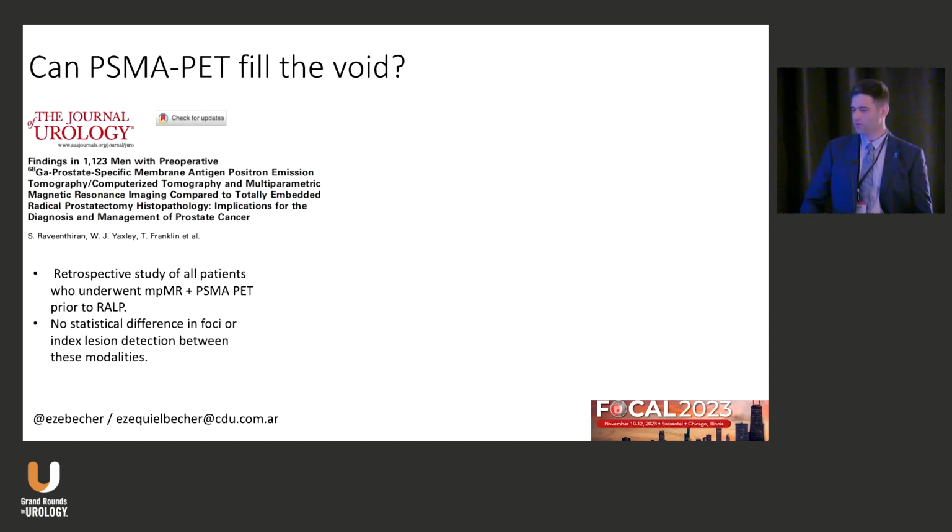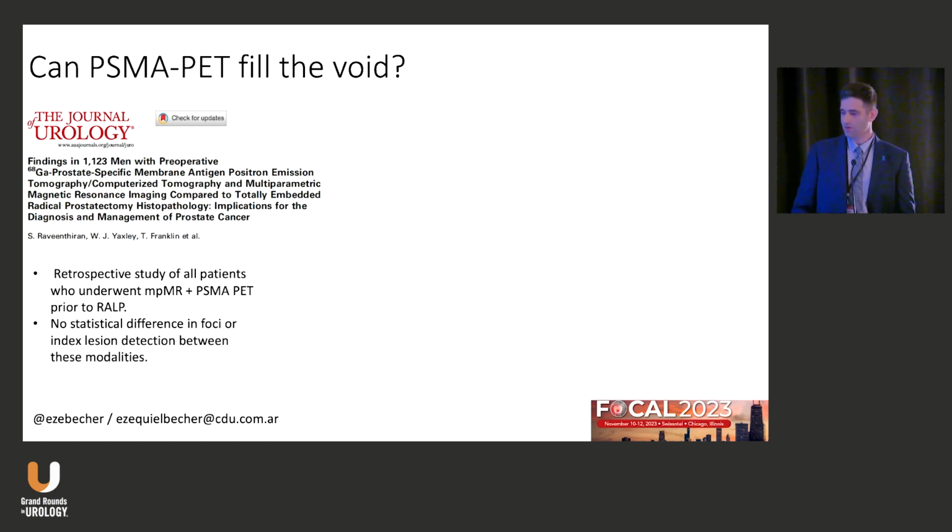This is a nice retrospective study of a really big cohort of patients that underwent both MRI and PSMA PET prior to radical prostatectomy. They found that there really was no statistical difference in foci or index lesion detection between PSMA PET and MRI.